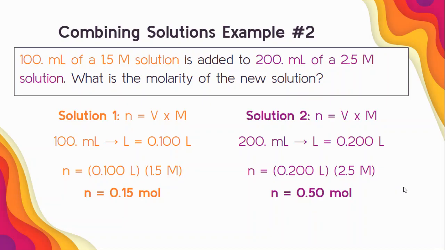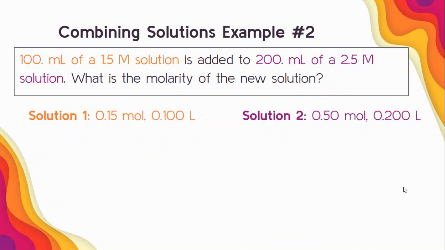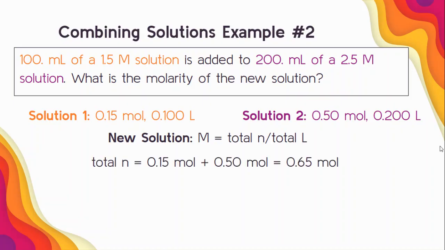Now that I have moles of solute for both solutions and a volume for both, bring those over to the next slide. So this is just the moles we calculated, liters of solution for both. We know that the molarity of our new solution is equal to the total moles divided by total liters of solution.